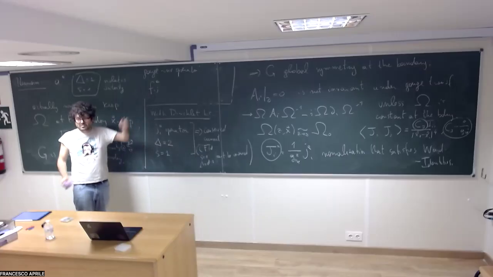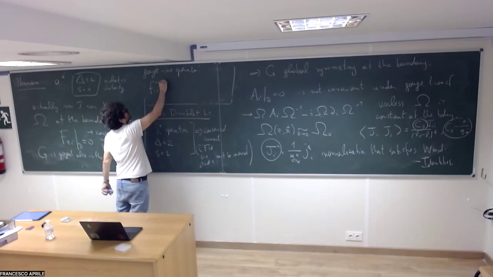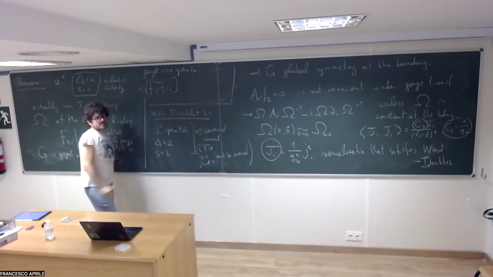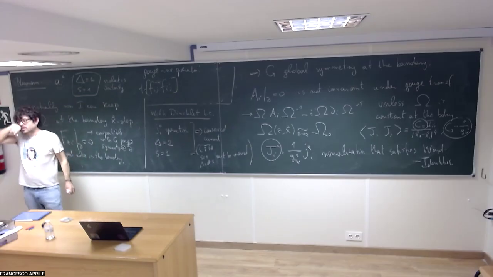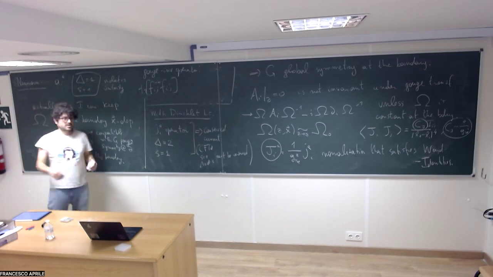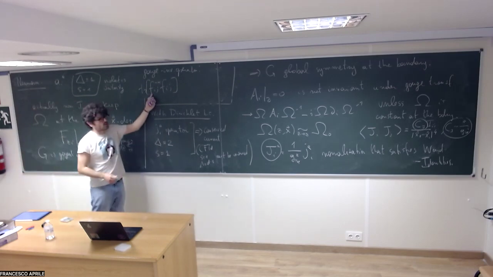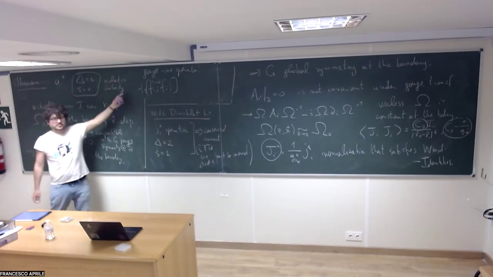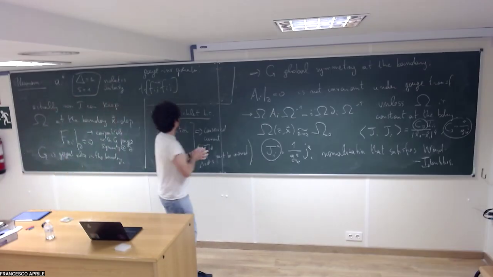Because the field strength is not gauge invariant for a non-Abelian theory. So you need to do rather sophisticated things, like this would be your simplest example of a gauge invariant operator at the boundary, traces of f. So f, I'm just calling lowercase f, is the field strength of the lowercase a. The boundary field strength.